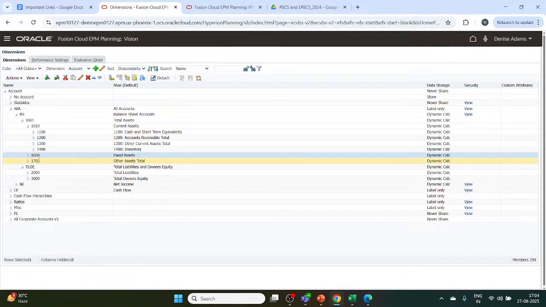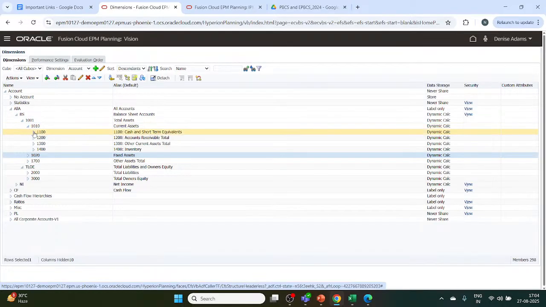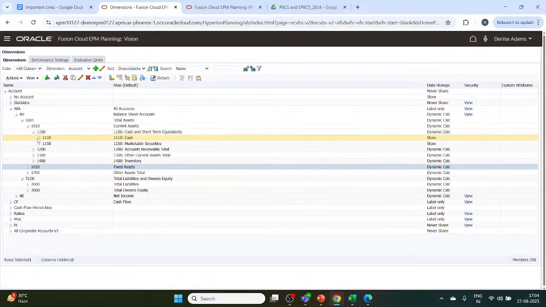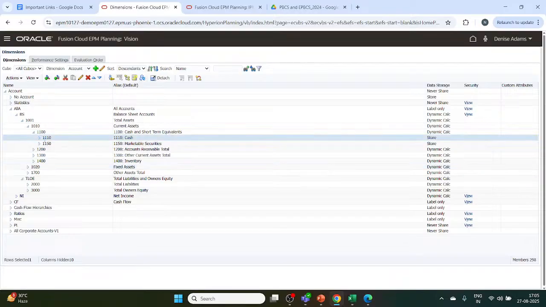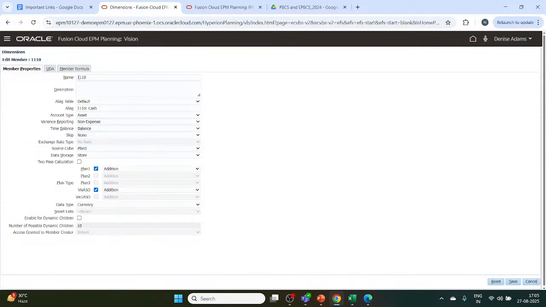Here the fixed assets and other assets also. So in current assets we can see this. Here in cash we can see the cash and marketable securities also. So once we open it, we can drag it here. Here we can see the cash option.